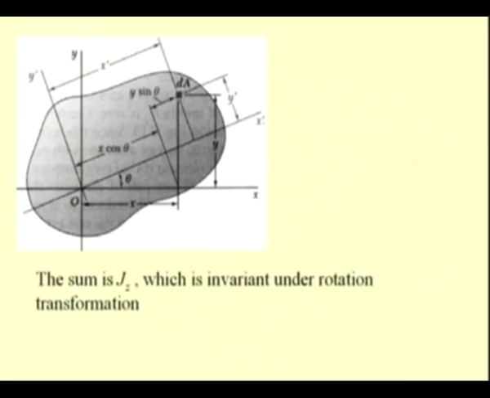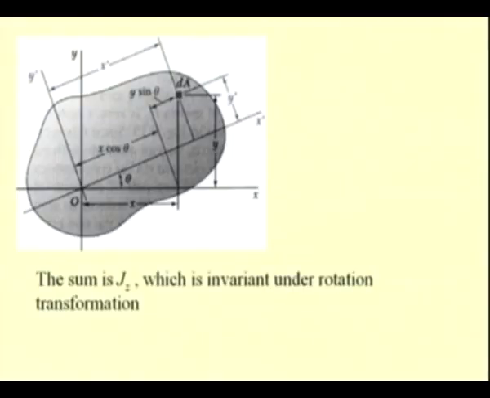We know that the polar moment of inertia, that is for the z axis, is invariant when we rotate the axes, that is the sum of the second moments, I x plus I y, is equal to I x prime plus I y prime, which is equal to the polar moment of inertia, or the moment of inertia with respect to the z axis.